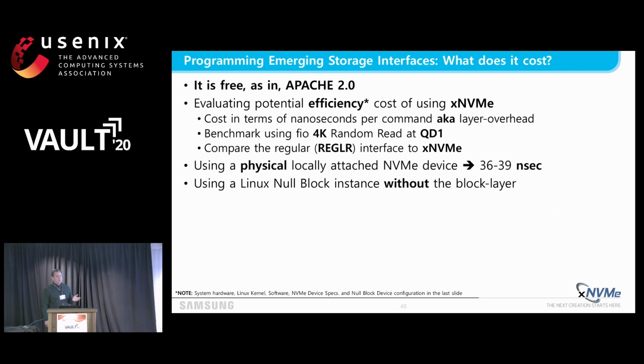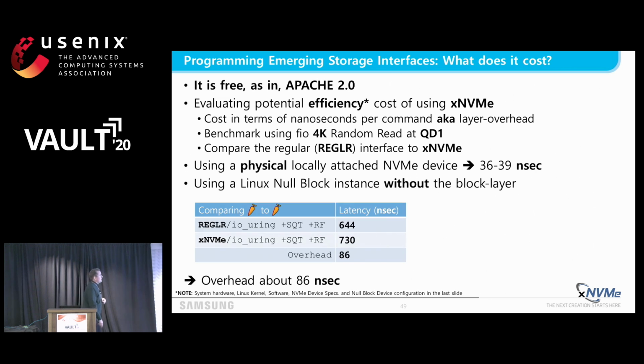And doing the same experiment using a Linux null block instance without the block layer, there we have a latency around 644 nanoseconds for not using xNVMe, and with xNVMe we're at 730, so an overhead of around 86 nanoseconds.